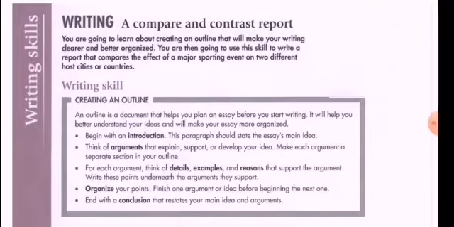In a compare and contrast report, you are required to write a report about two things, two statistical data or two events sometimes. For example, the number of students who were studying in Oregon State University in 2010 and 2020.